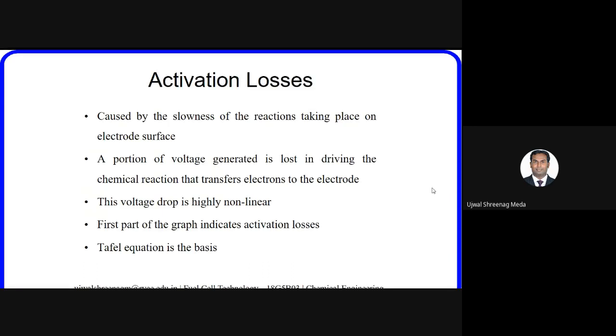To go into details, back in 1905, way before the concept of the fuel cell was termed, a person by the name Tafel carried out many experiments, many electrochemical reactions, with different reactants.